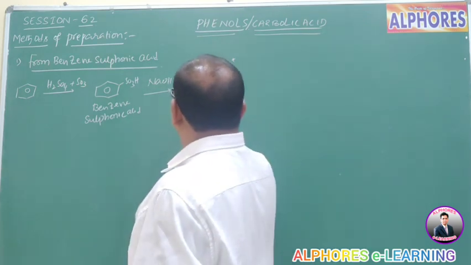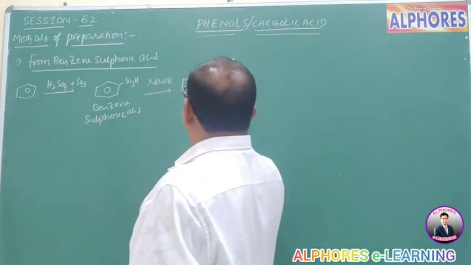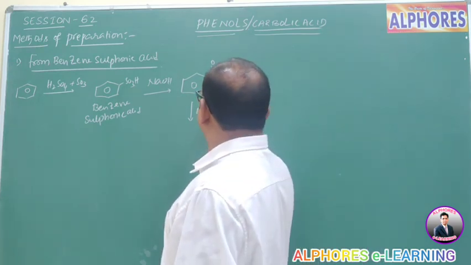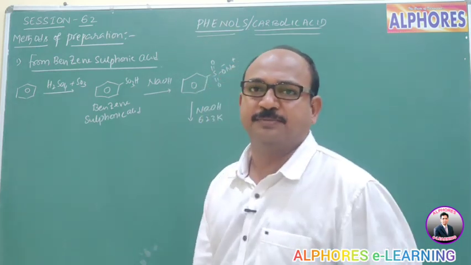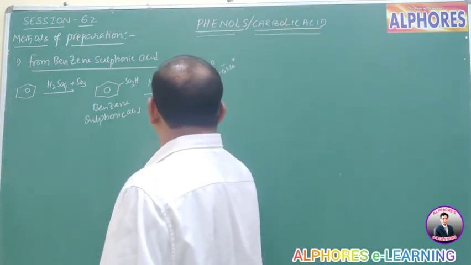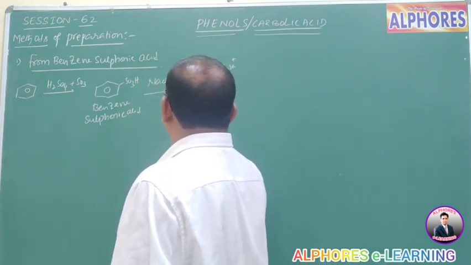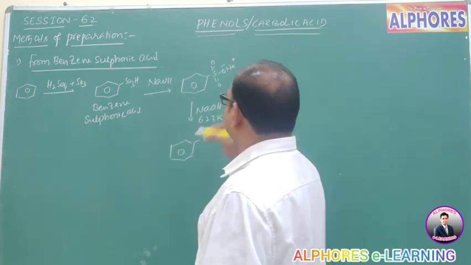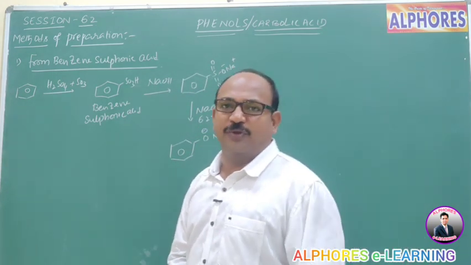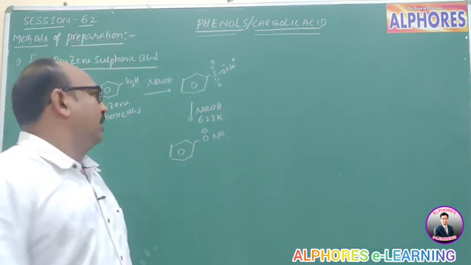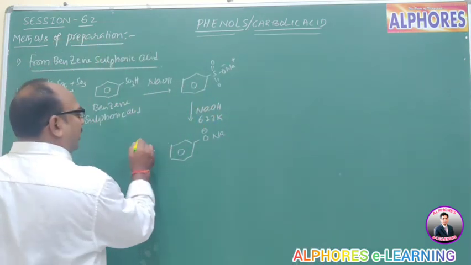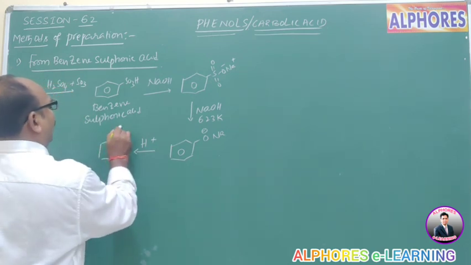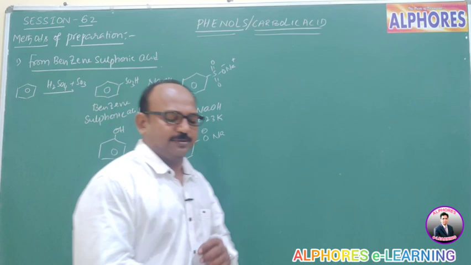This salt upon fusion with sodium hydroxide at nearly 623 Kelvin, displacement of the SO3Na group takes place and we are getting ONa. So we are getting sodium phenoxide, and the sodium phenoxide upon acidification gives phenol, hydroxybenzene.